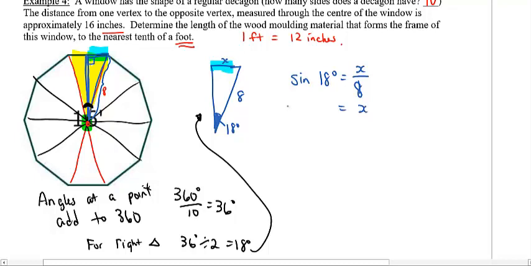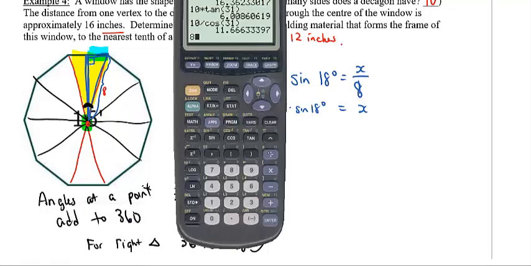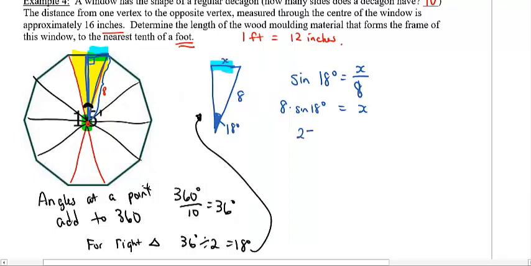So x equals 8 times sine 18 degrees. I can calculate that, 8 times sine 18. I get 2.472, so 2.5 inches.